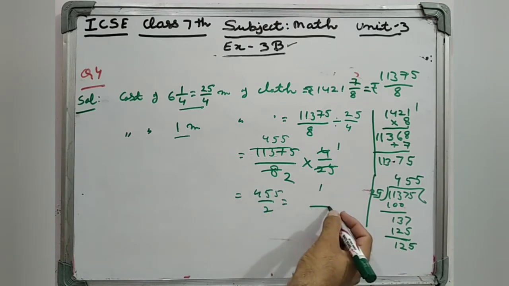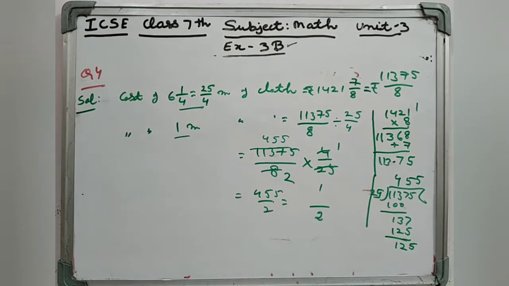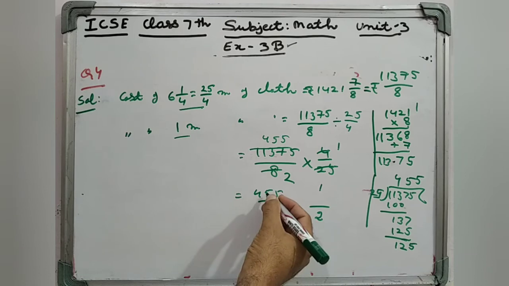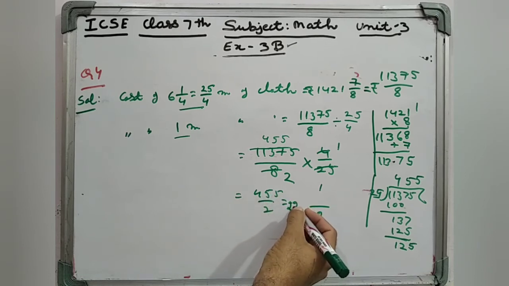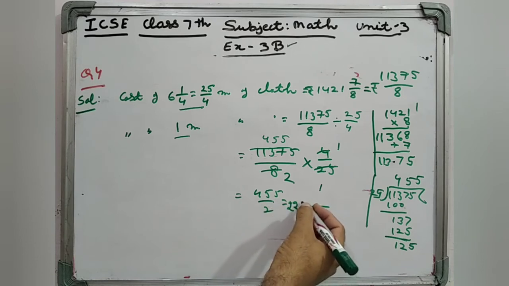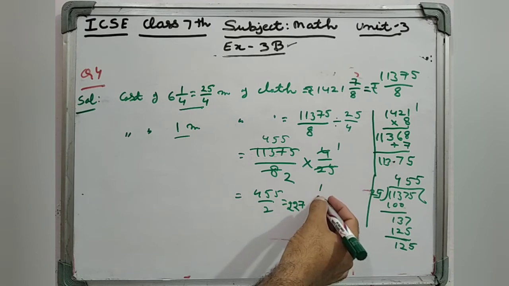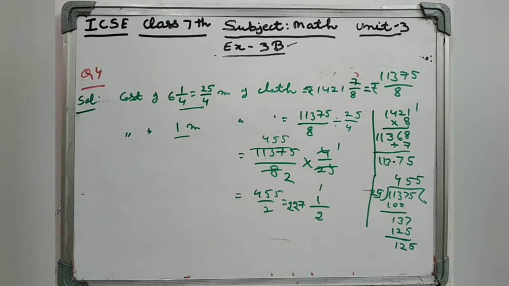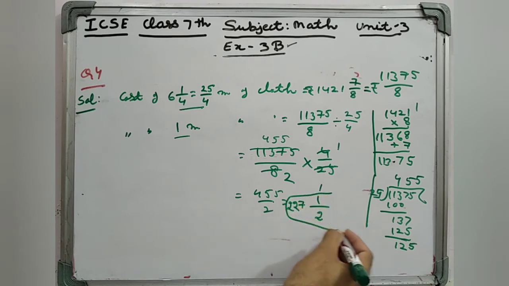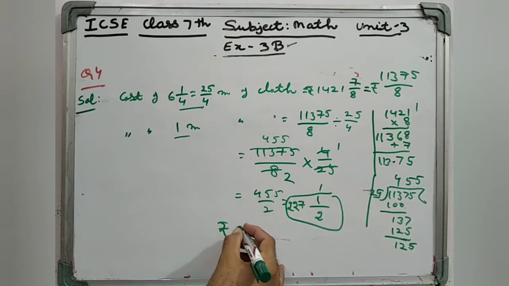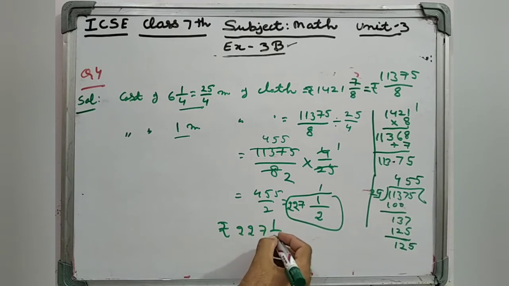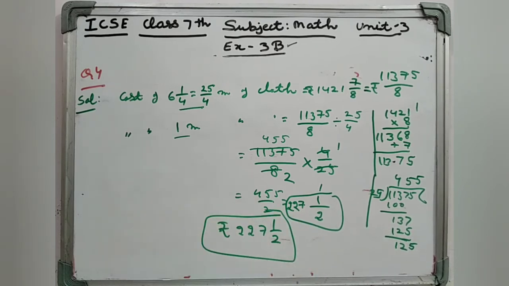If we make its mixed fraction, then 2 twos are 4, 2 twos are 4, 1 15, 2 sevens are 14, and here will be 1, right? So our answer will be rupees 227 1 upon 2. This would be our answer, right? Write it down carefully.